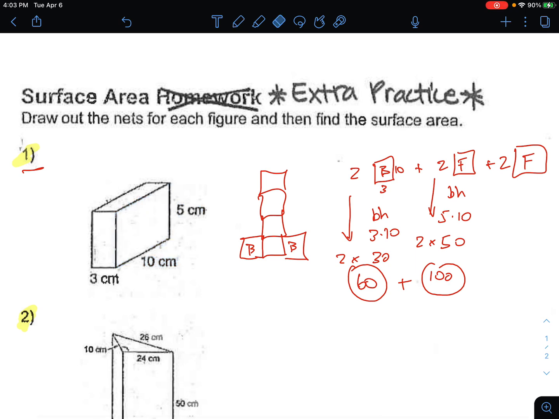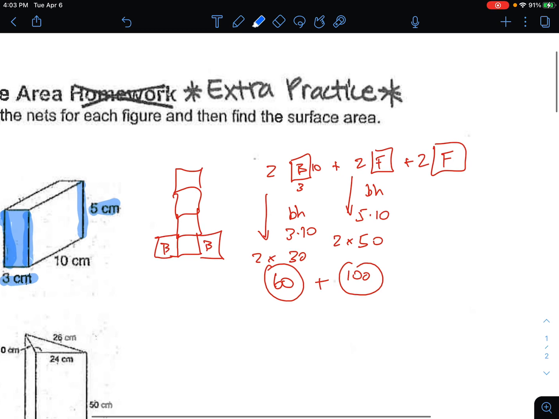that's the left and the right, and finally we did the top and the bottom. We said that was the base. Let's do the front and the back. So that would mean this part, the front and the back. So the front, that's 3, and the height, let's see, what is the height? Oh, the height is 5 because it says so right there. So 3 times 5. So base times height is our formula.